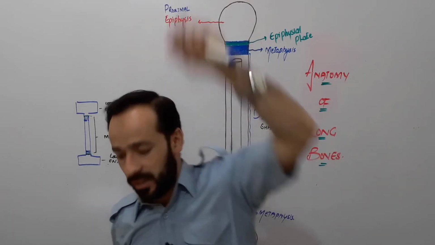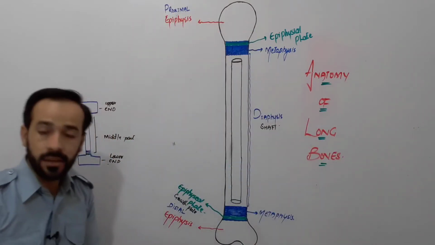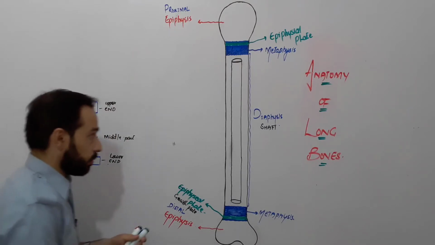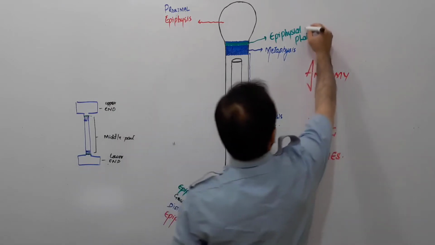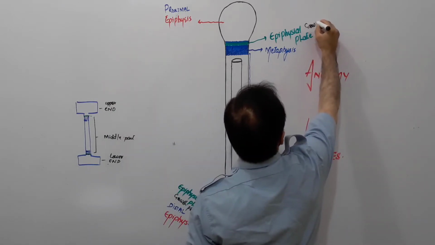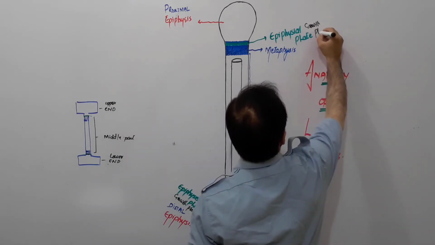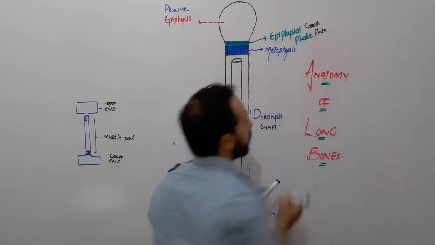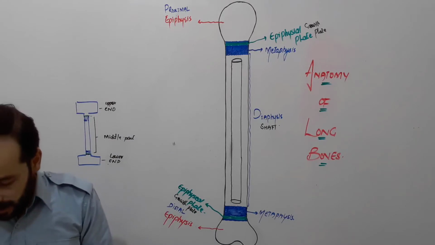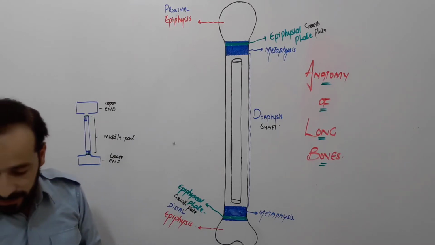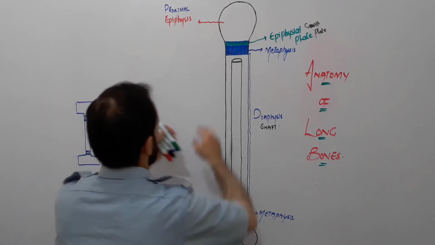That's why we say the bone grows, right? So this is called the epiphyseal plate or growth plate. Clear, friends? This plate is also known as the epiphyseal line.